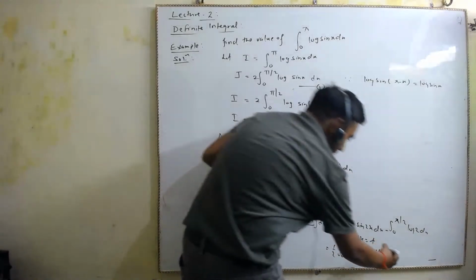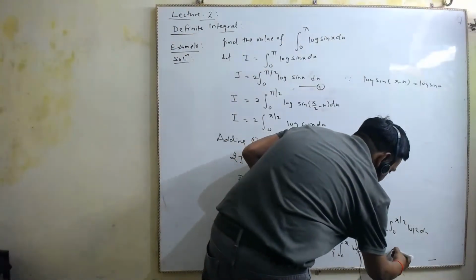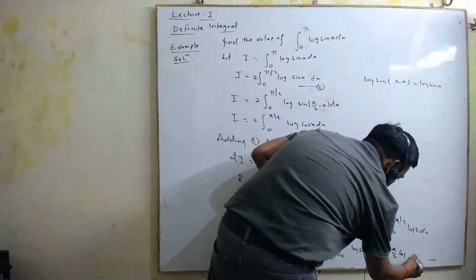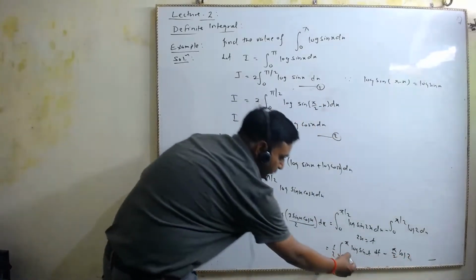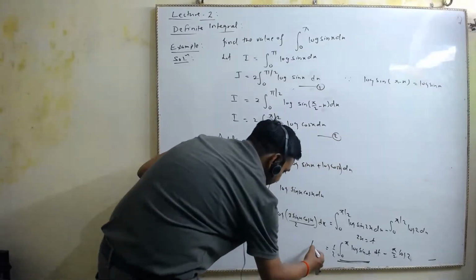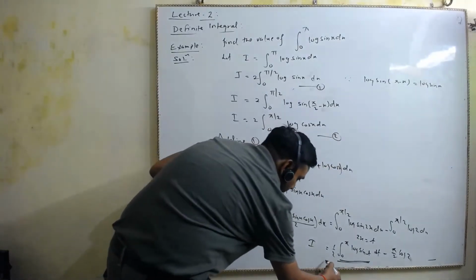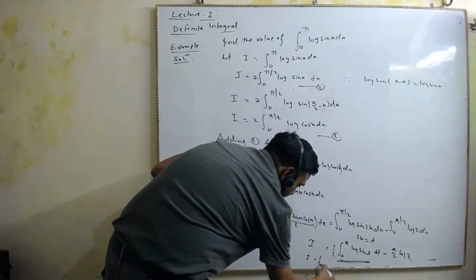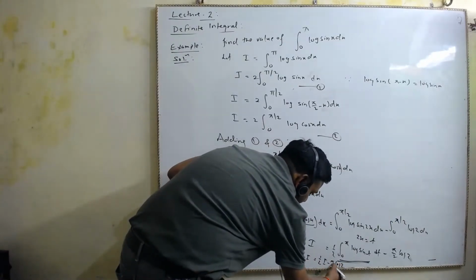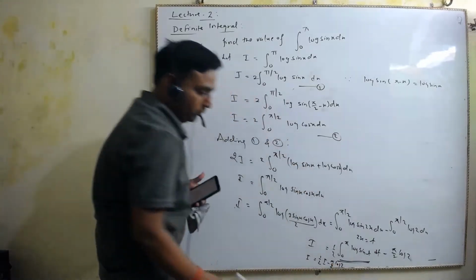So 1 upon 2 times I, minus pi by 2 log 2. This is what, my dear fellows? Tell me. Here I is running. So this is I equals 1 upon 2 I minus pi by 2 log 2.